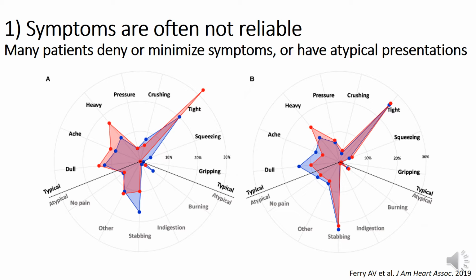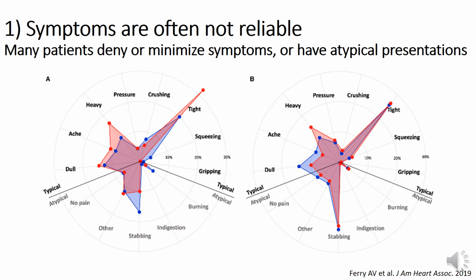Firstly, symptoms are often not reliable, as many patients deny or minimize symptoms, and some have atypical presentations. The figure is a radar plot showing the frequency of atypical and typical chest pain presentation in men, who are in blue, and women, who are illustrated in red.